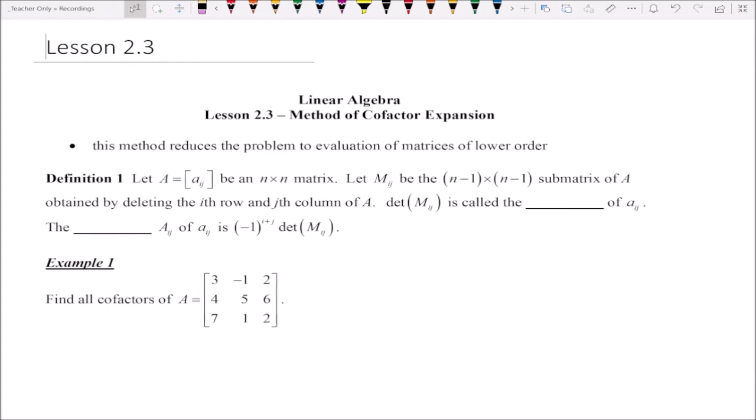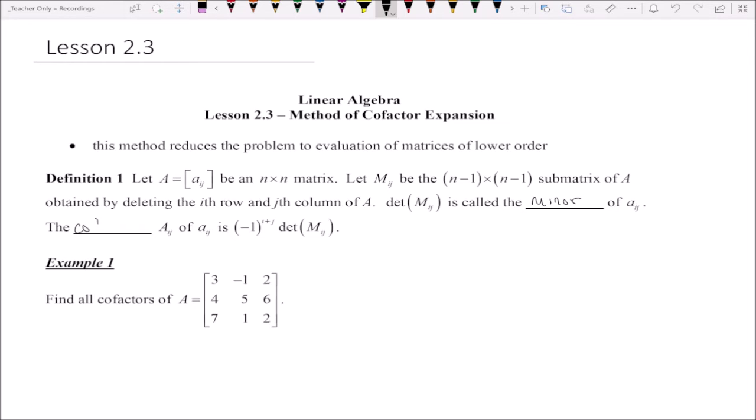So let A be an n by n matrix. Let Mij be the n minus 1 by n minus 1 submatrix of A, which is obtained by deleting the ith row and jth column of A. The determinant of this Mij matrix is called the minor of the ij entry.